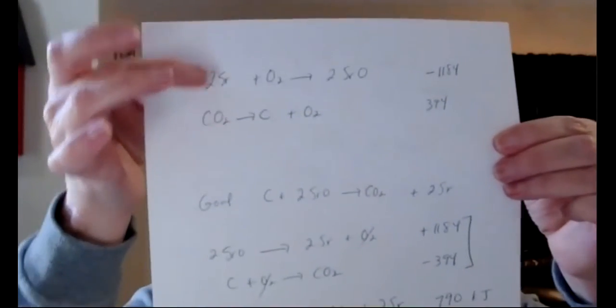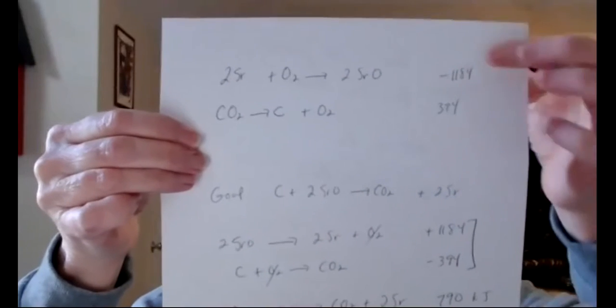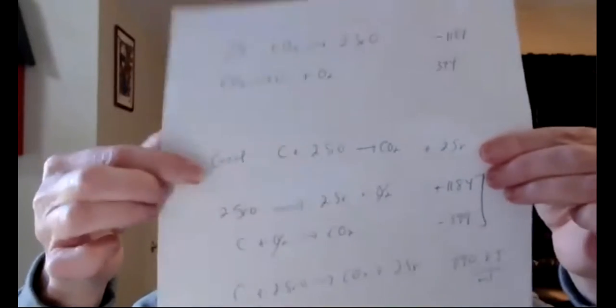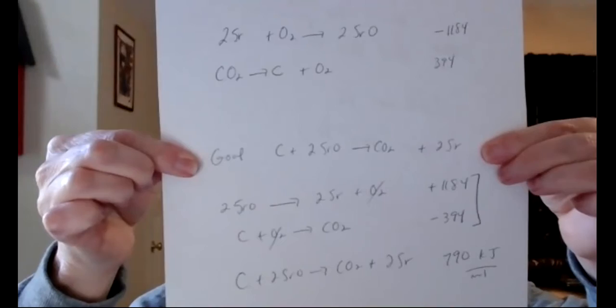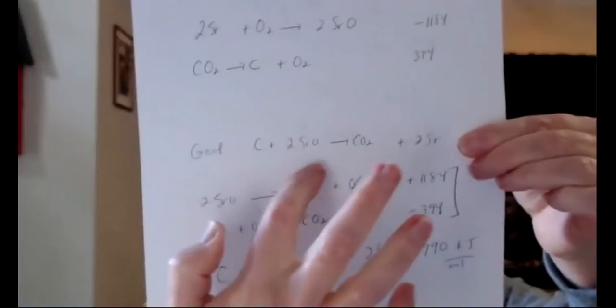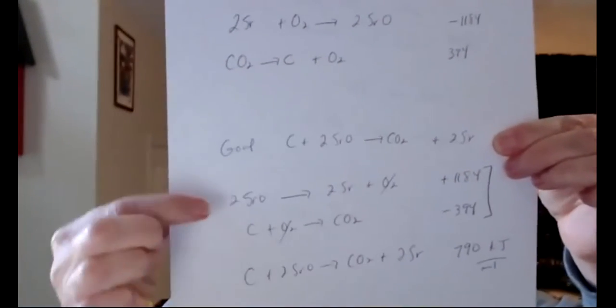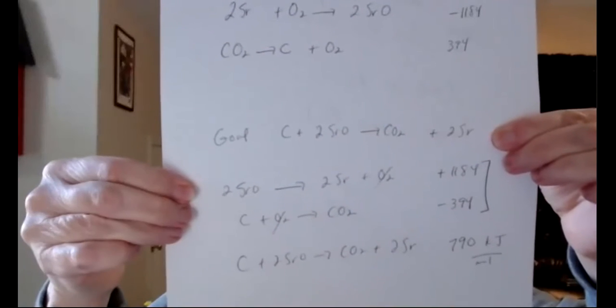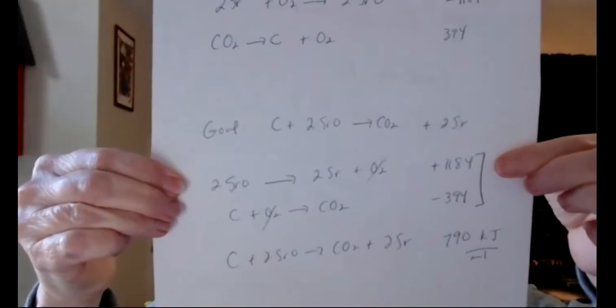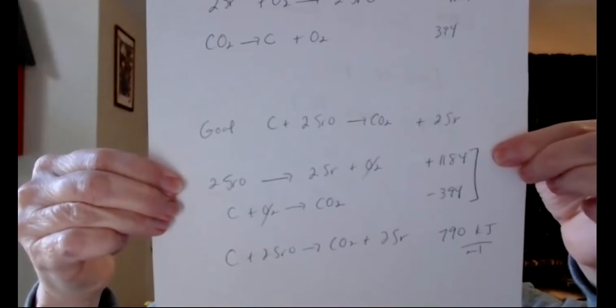Well, here it is, real quick. They gave these two reactions and these two numbers, and then this was the goal. Because strontium oxide is on the left, you had to flip this reaction. If you flip that reaction, you had to change the sign.